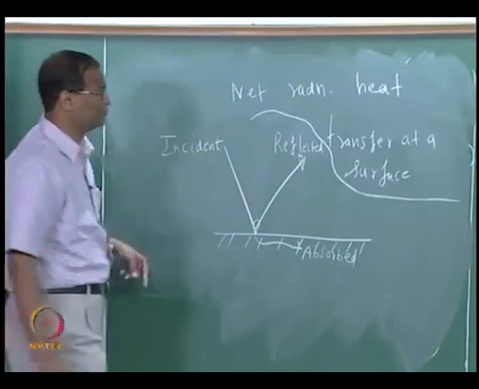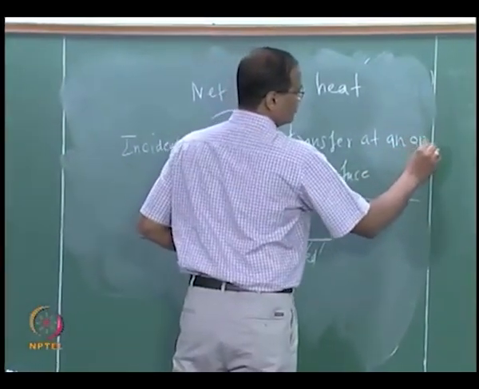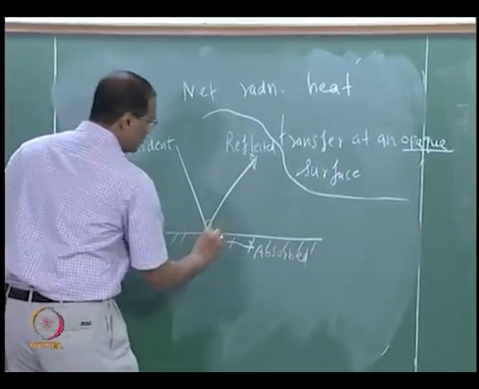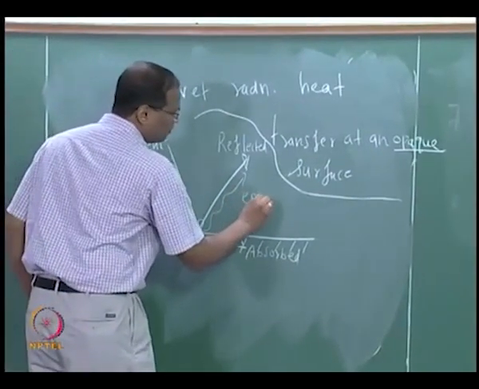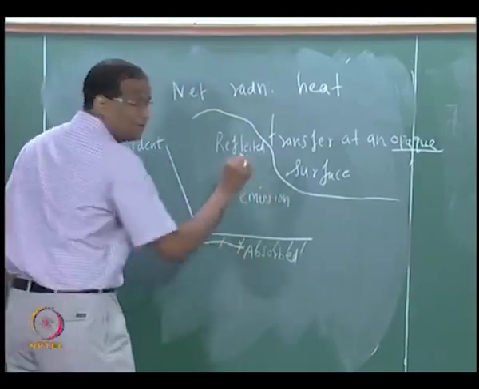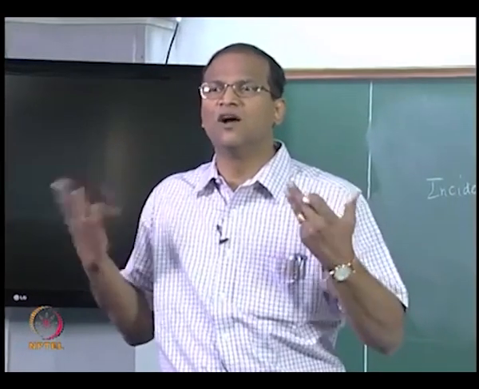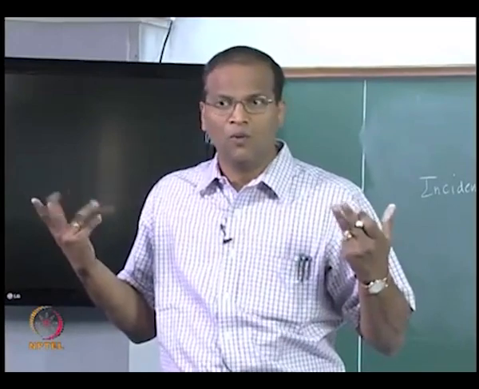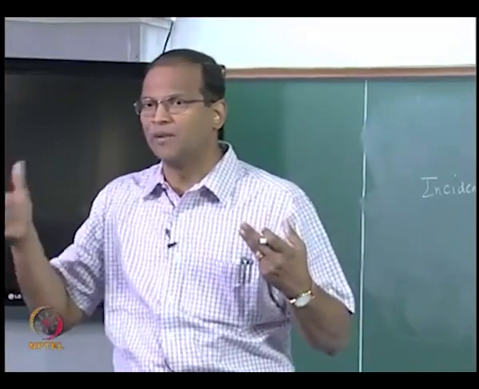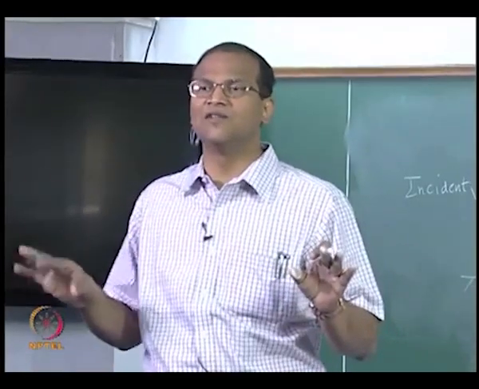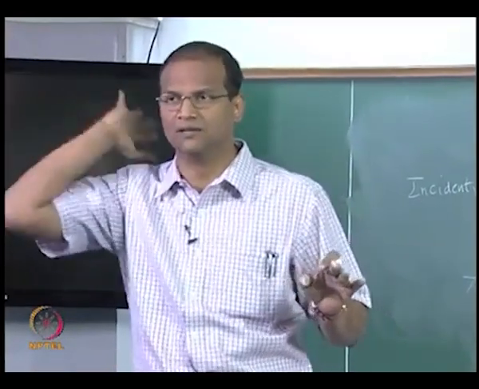I am talking about at an opaque surface. Now there is also an emission consequent upon the surface being at a temperature greater than 0 Kelvin. So the net radiation heat transfer at the surface is what is going out minus what is coming in. What is going out has got two components, the reflected component and the emission component. What is coming in is the incident. Therefore the net radiation heat transfer is reflection plus emission minus incident.